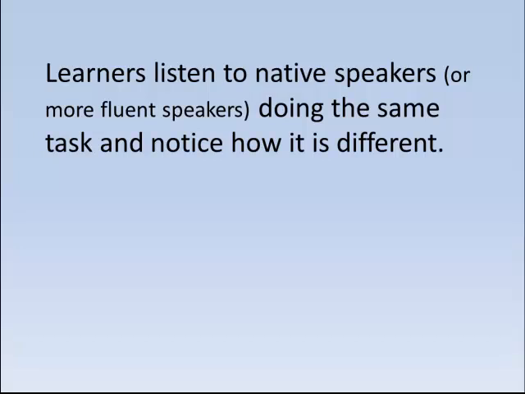Another stage after that, and this is optional but it's often given, is that learners then listen to either native speakers or more fluent speakers doing the same task and notice how it's different.